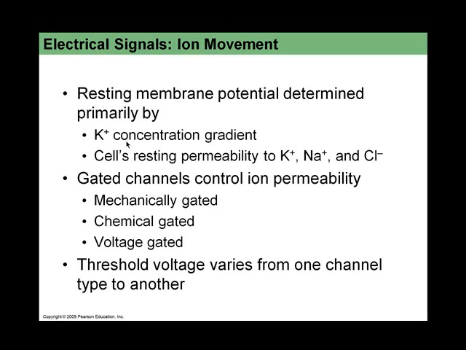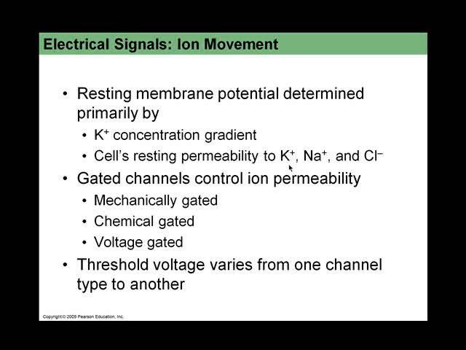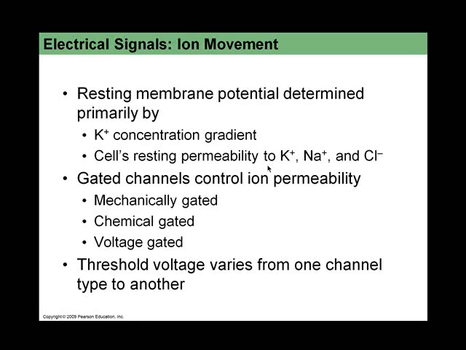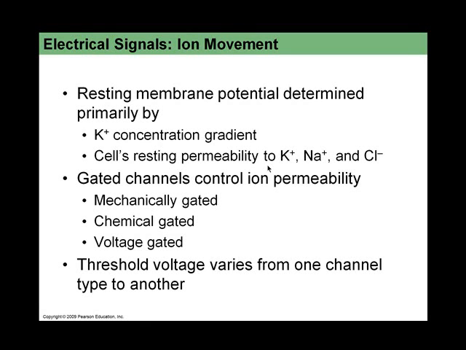So the permeability is the critical thing. At rest, there are what are called leaky potassium channels, ion channels in the membrane. So potassium is constantly leaking down its electrochemical gradient, more so the chemical gradient, trying to escape from inside to outside.